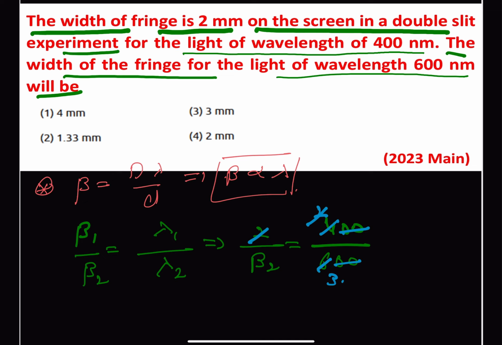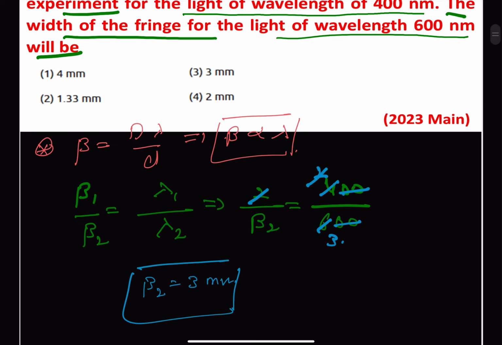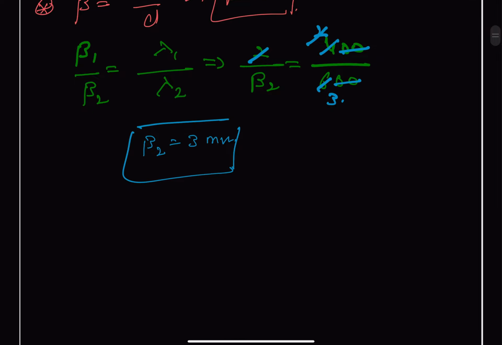So from here, our beta 2 is equal to 3 millimeters. So option number 3 is the correct one.